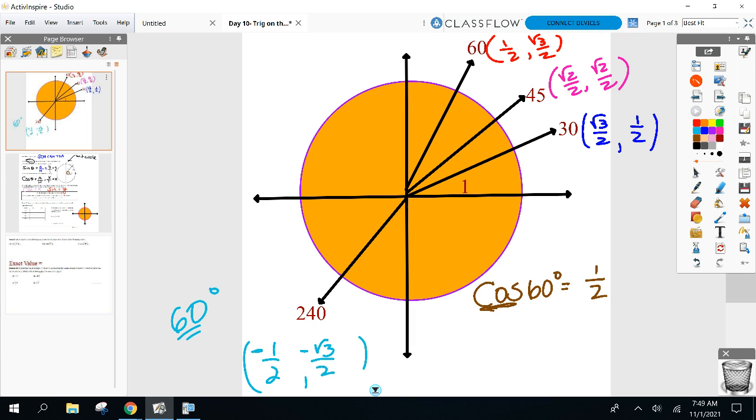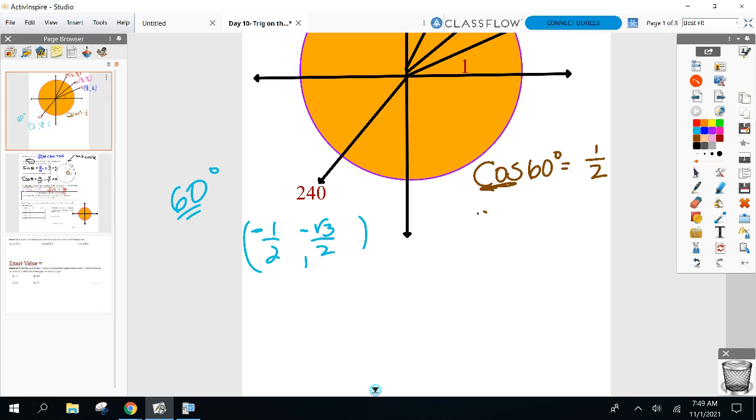Ready? Well, I'm not done yet. Sine of 240. I don't want the decimal on your calculator, though. Remember the coordinate we just found at 240? Which one, the x or the y, is the sine value? The y. What's the y value? Negative radical 3 over 2.